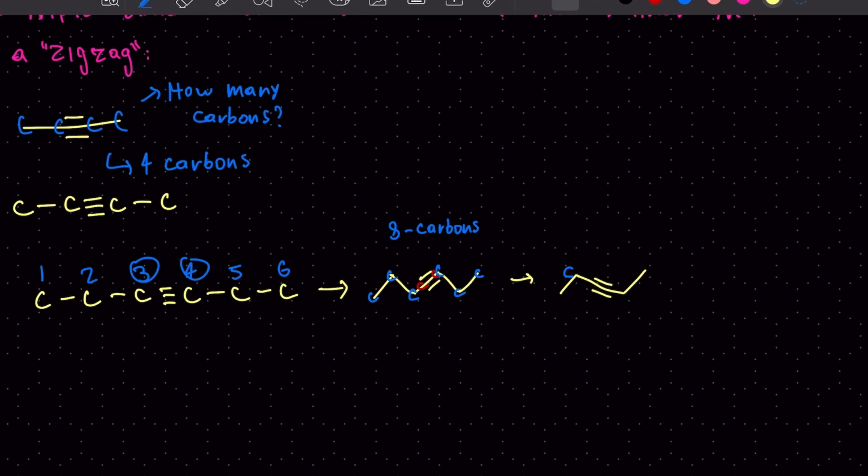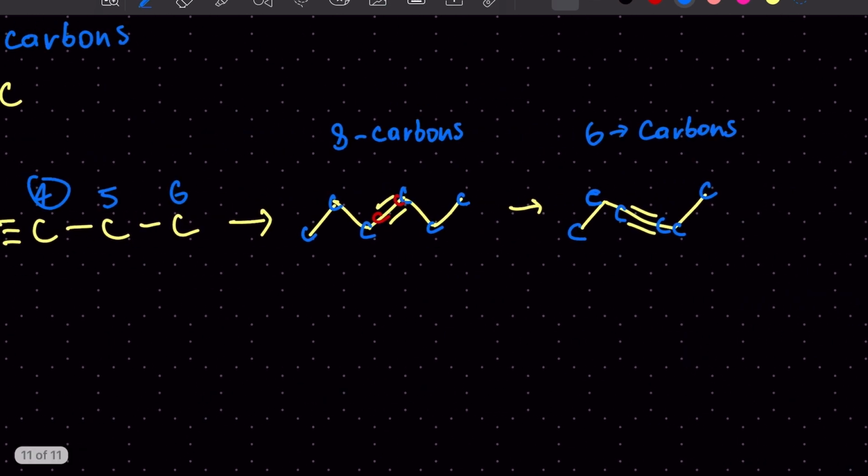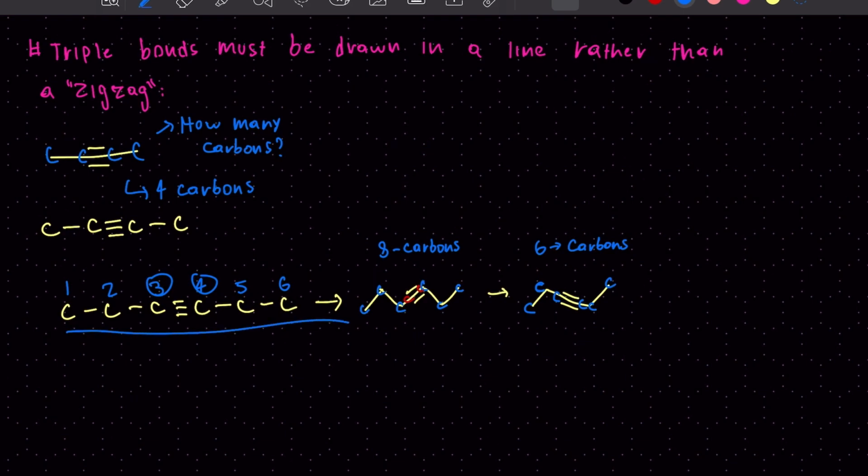And this would be our bond line, since there is 1 carbon right here, another carbon right here, another carbon right here, another carbon right here, another carbon right here, which is a little bit hard to see since they're very close, and a final carbon right here, giving us a total of 6 carbons, which we have in our condensed structure right here.